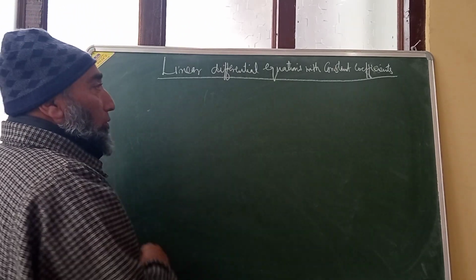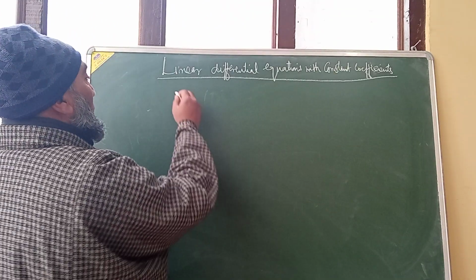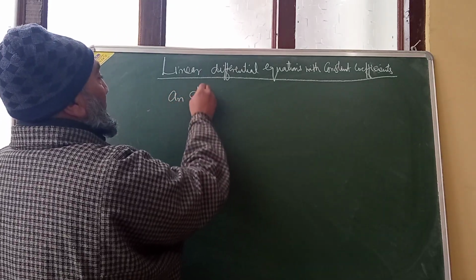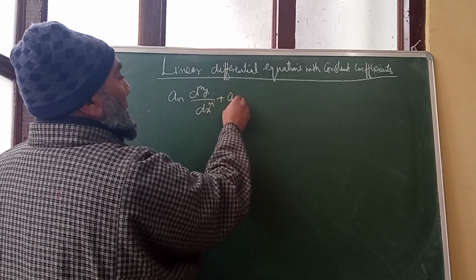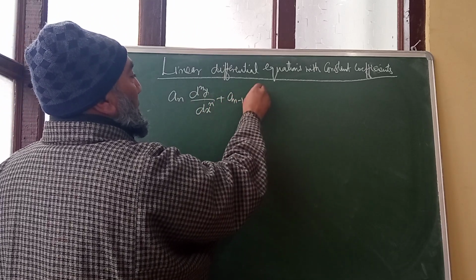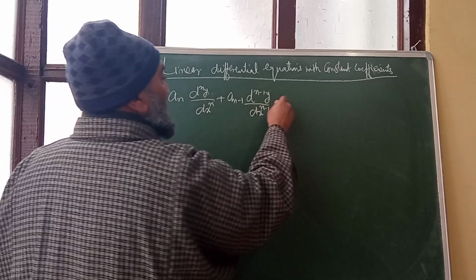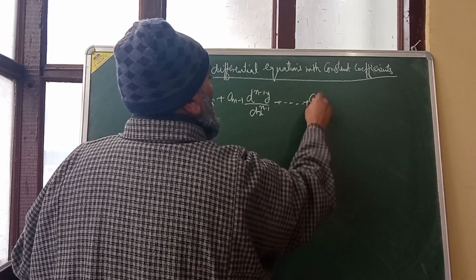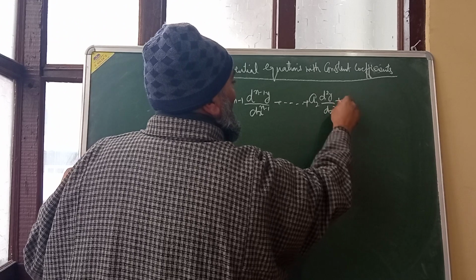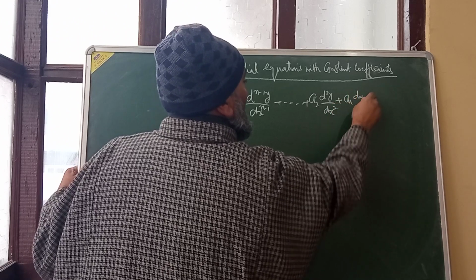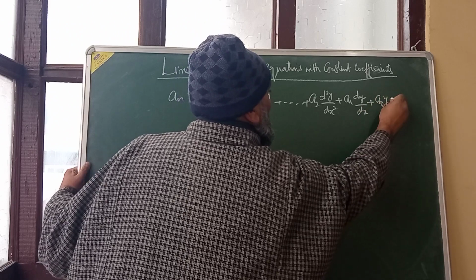A linear differential equation with constant coefficients is a differential equation of the form an nth derivative of y with respect to x, plus an minus 1 times the n minus 1th derivative, plus so on, a2 second derivative, a1 first derivative, plus a0 y equal X.